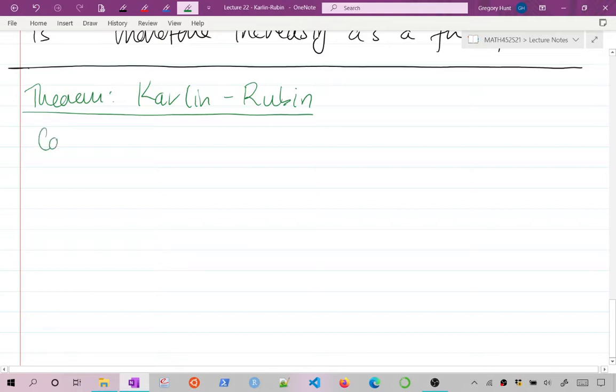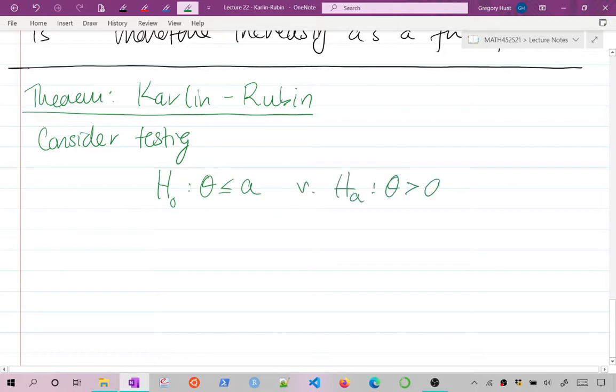We're going to say consider testing a one-sided test, which is H naught: theta is less than or equal to some value A versus the alternative, which is that theta is bigger than some value A. So we're going to consider this one-sided test, and the direction doesn't really matter.